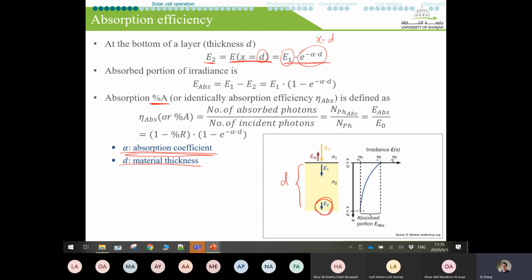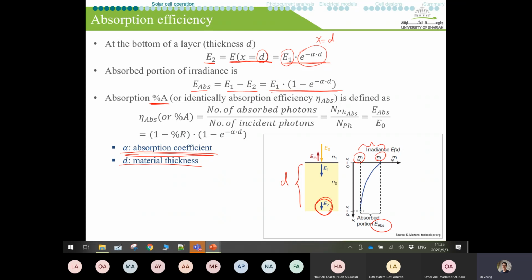So how much irradiance is being absorbed? We have E1, we have E2, and the difference is the absorbed irradiance, E absorbed. So E absorbed equals the difference between E1 and E2, and we can find the full expression here.